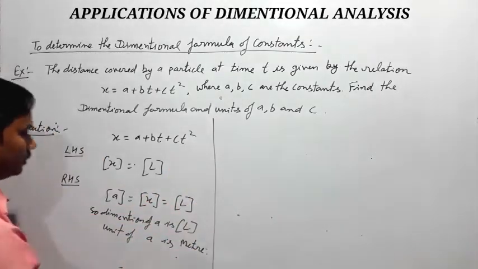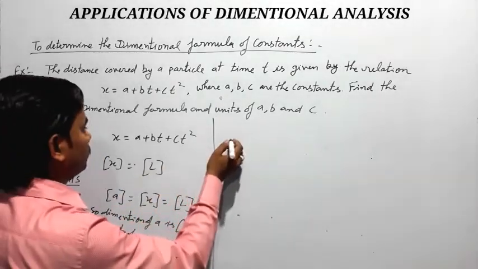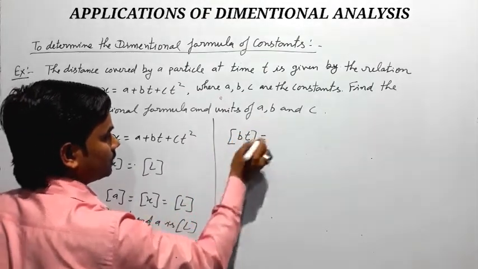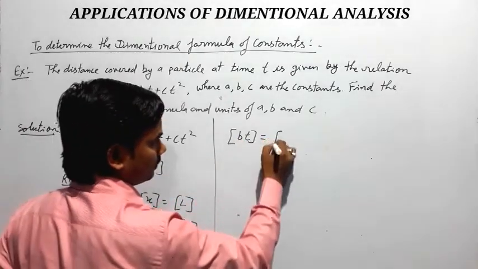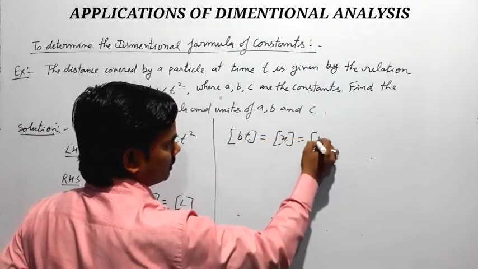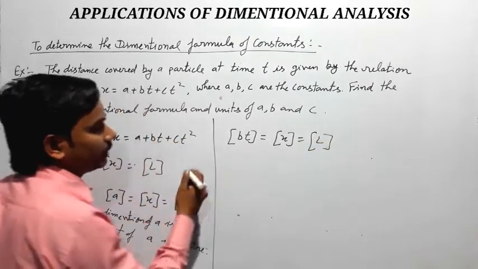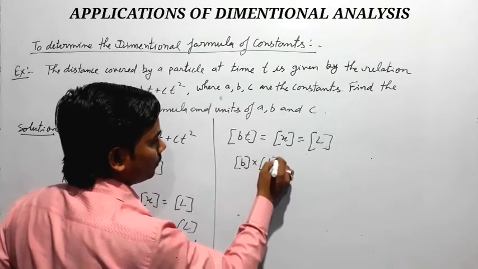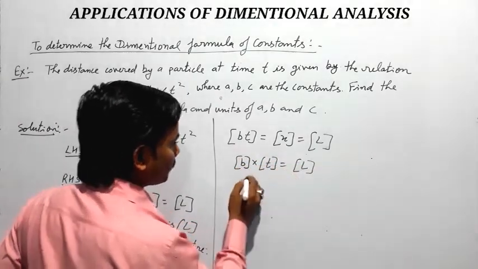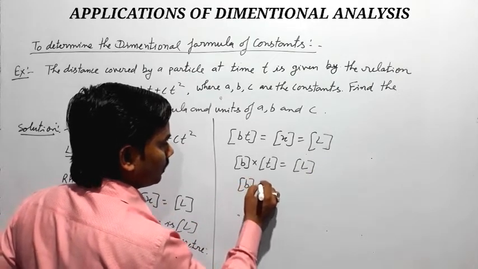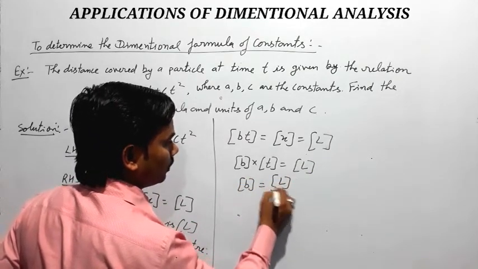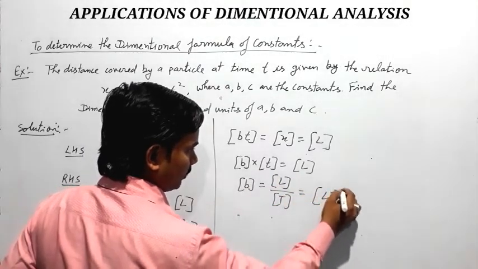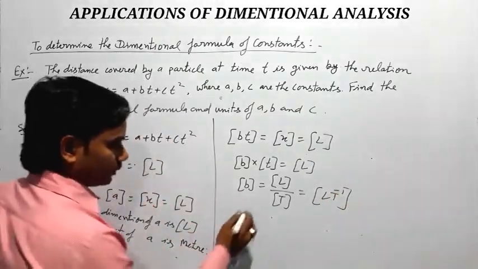Okay. Now for the second term we will write the dimension of bt. This will be equal to the dimension of x, and the dimension of x is L. So we have to calculate the dimension of b. The dimension of b into the dimension of t equals L. So the dimension of b equals L upon the dimension of t, and the dimension of t is T. So this will be LT⁻¹.